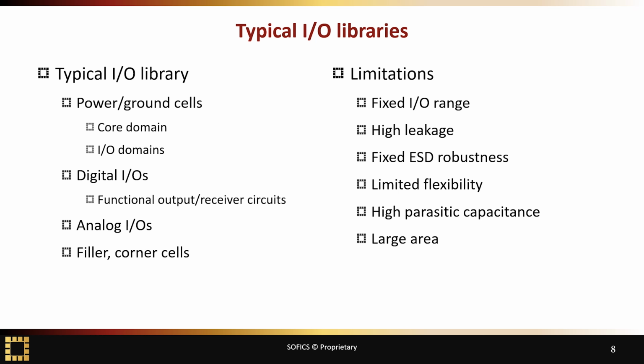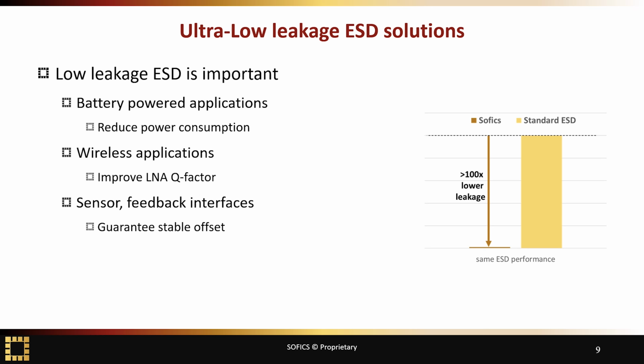So based on our experience designing IP for applications like consumer applications, IoT, Internet of Things, and wearables, we have developed solutions which have certain benefits and basically prevent those limitations. For instance, we have developed solutions which have much lower leakage.